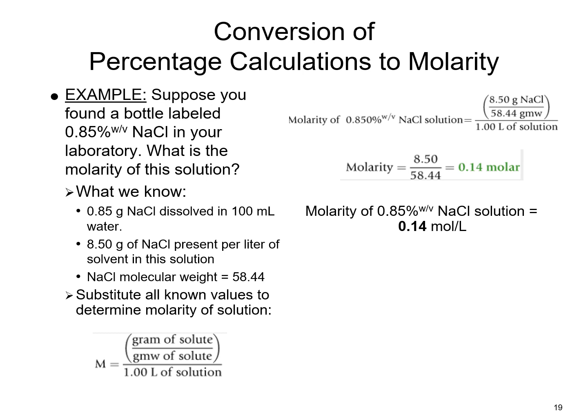So we substitute these known values into our molarity formula, and that will tell us that a 0.85% weight per volume sodium chloride solution has a molarity of 0.14 moles per liter.